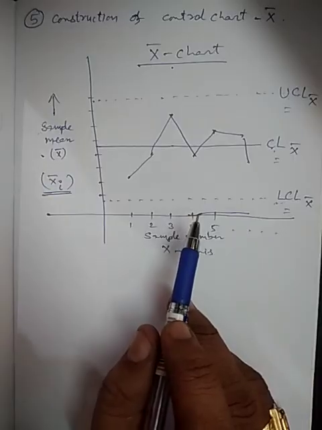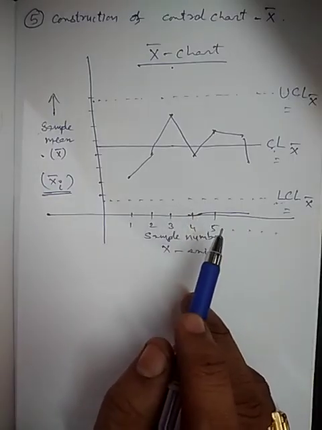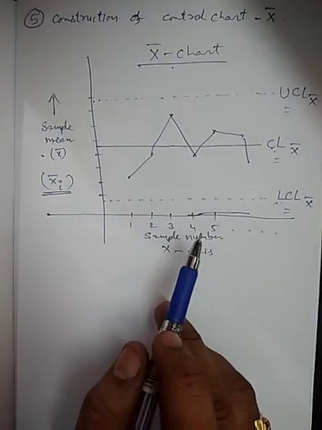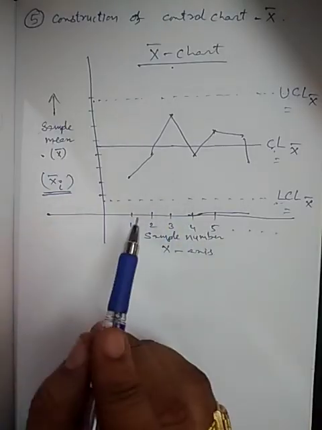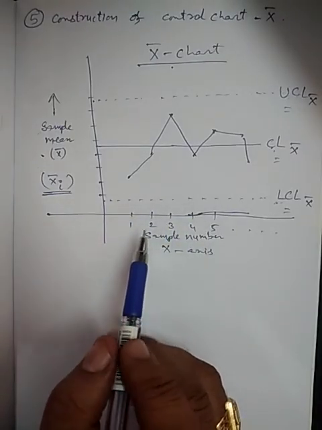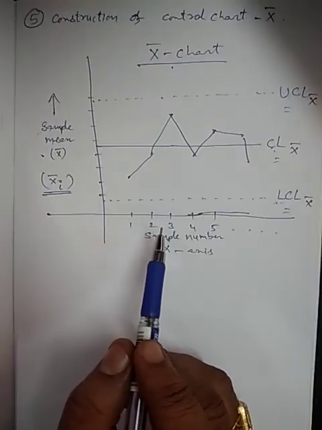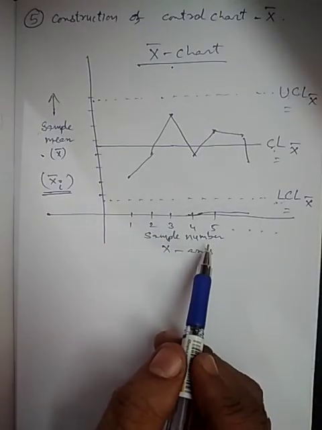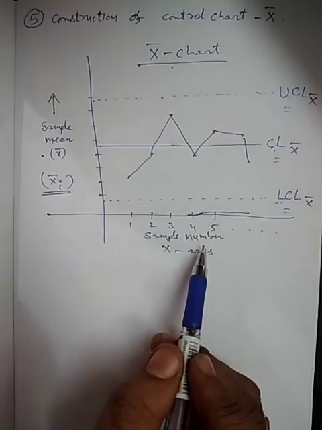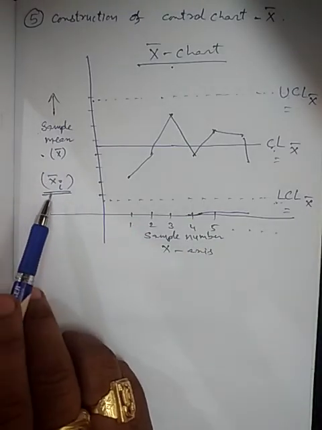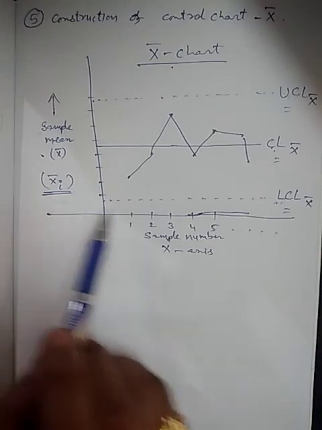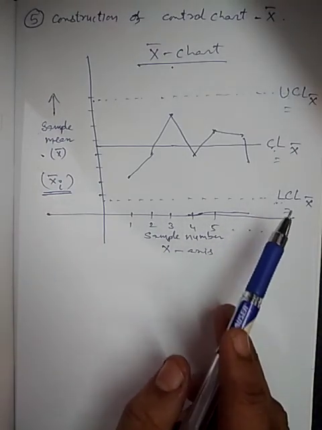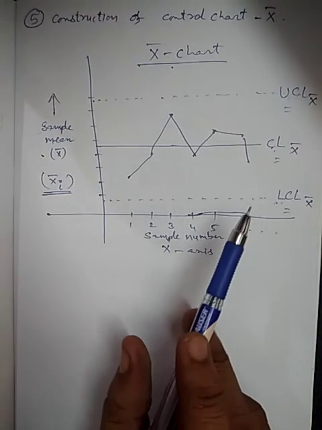Okay, before that I stop at the fifth point, construction of control chart. What do we have to write? On the x-axis we consider the sample number. On the y-axis you consider the sample means, and then you calculate the values CL, LCL and UCL.